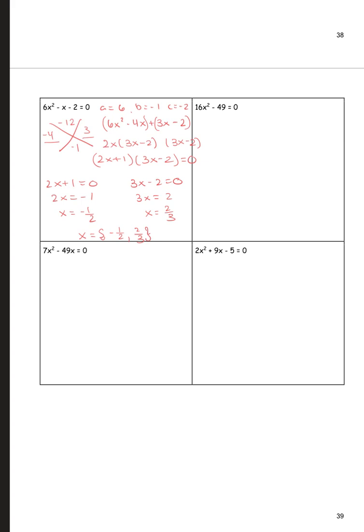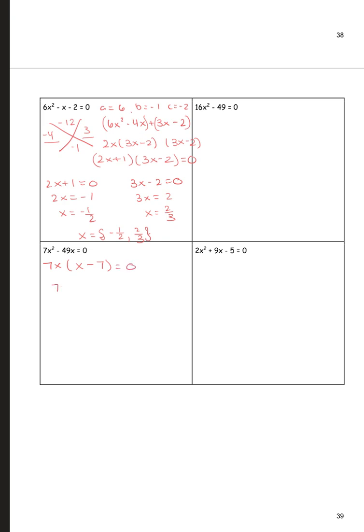Now let's take a look at the one that's right directly below it. So I have 7x squared minus 49x equals 0. So again, looking for GCF. They both have 7 in common, and they both have an x. So I'm going to pull out 7x, and I have x minus 7 equals 0.